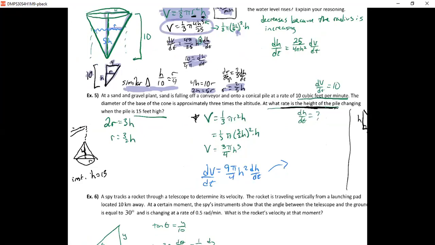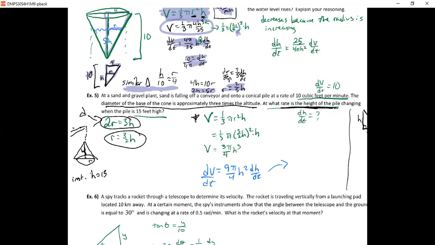But excuse me, I want to know what my radius is, right? So I can set up to say that 2r equals 3h. Now, how did I get that? The diameter of the base is approximately 3 times the altitude. That's where I translated that into the diameter of the base is 3 times the altitude. So r equals 3/2 h.